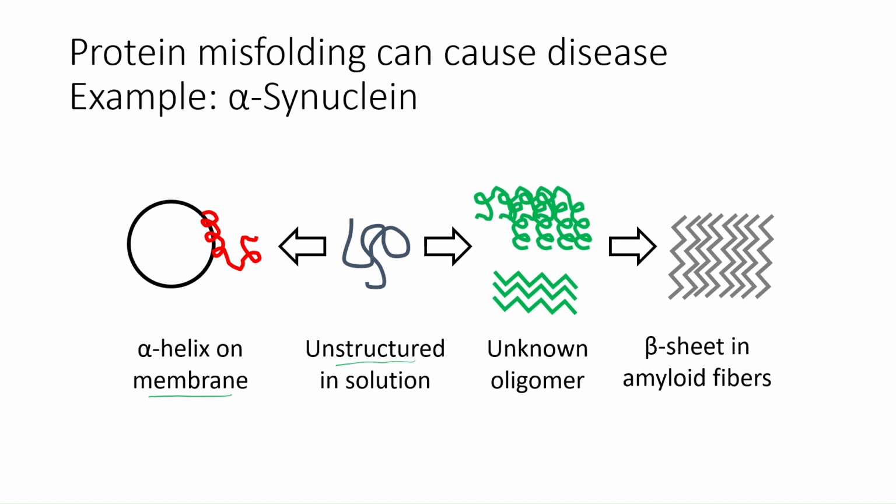When you have enough of these unstructured alpha-synuclein proteins, you end up forming an oligomer, and that oligomer can arrange itself into beta sheets, which ultimately are one of the components of amyloid fibers. It's thought that these oligomers, a small number of polypeptides like a dimer, trimer, or tetramer that form the beta sheet, are toxic, especially to your dopaminergic neurons and the signaling through that pathway. That is one of the causes of Parkinson's disease.